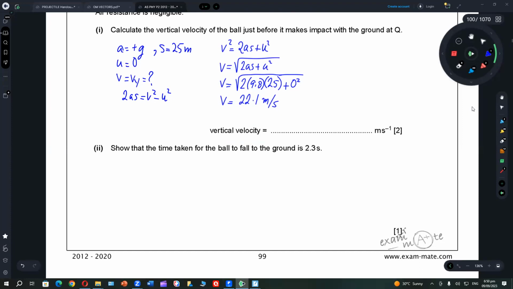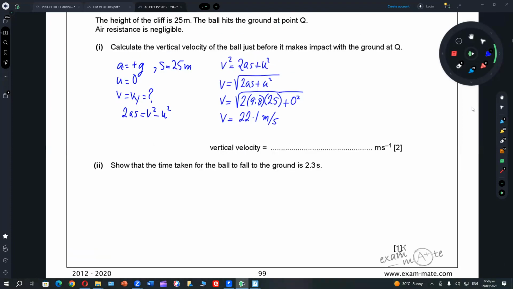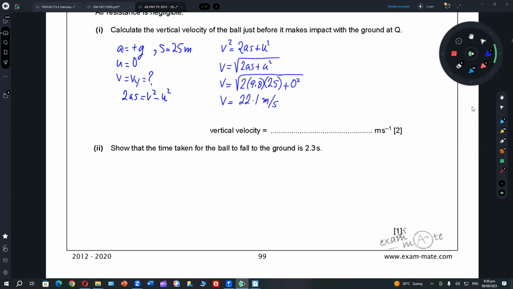Show that the time taken for the ball to fall to the ground is 2.3. For time, you can take any component. It's allowed because time is the same for both components. The formula we should use is s = ut + ½at², as it's a downward motion.